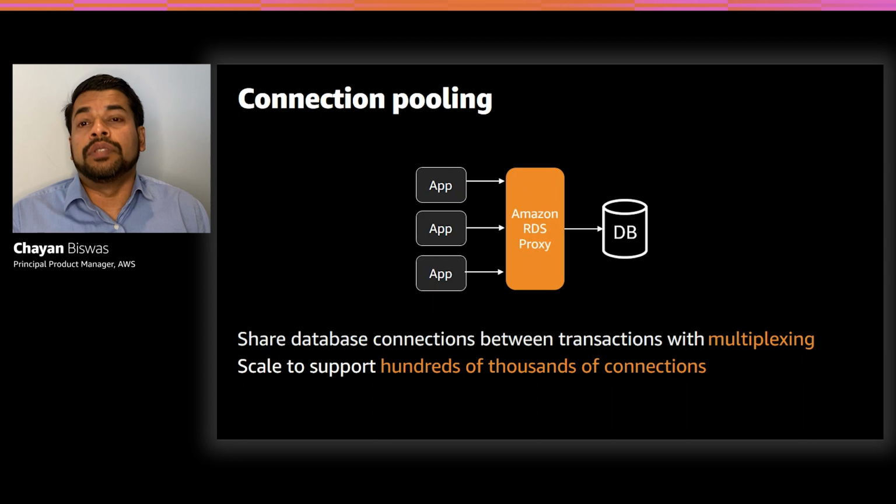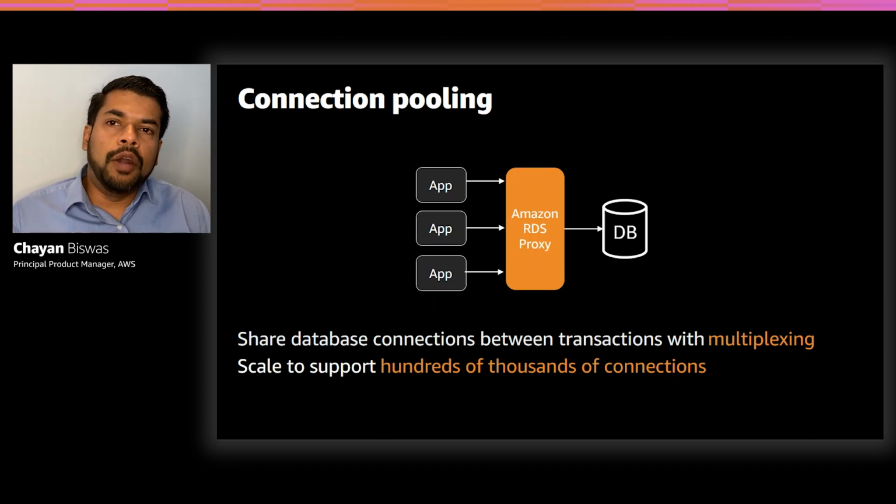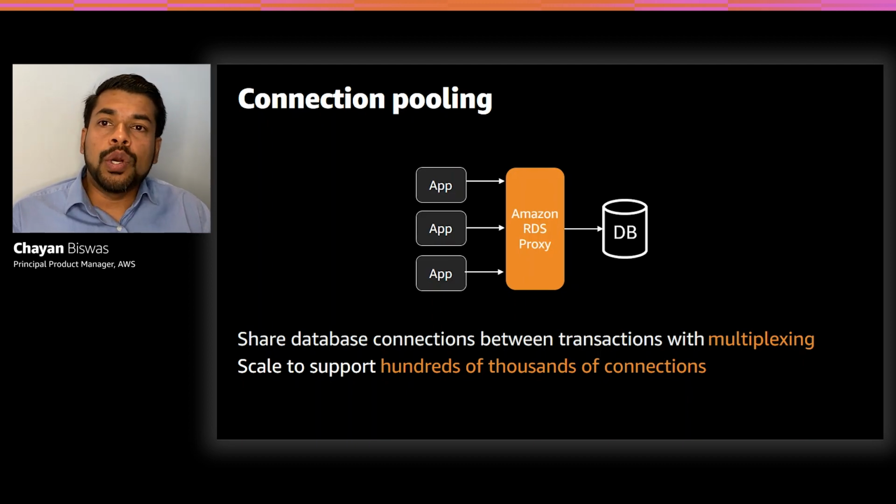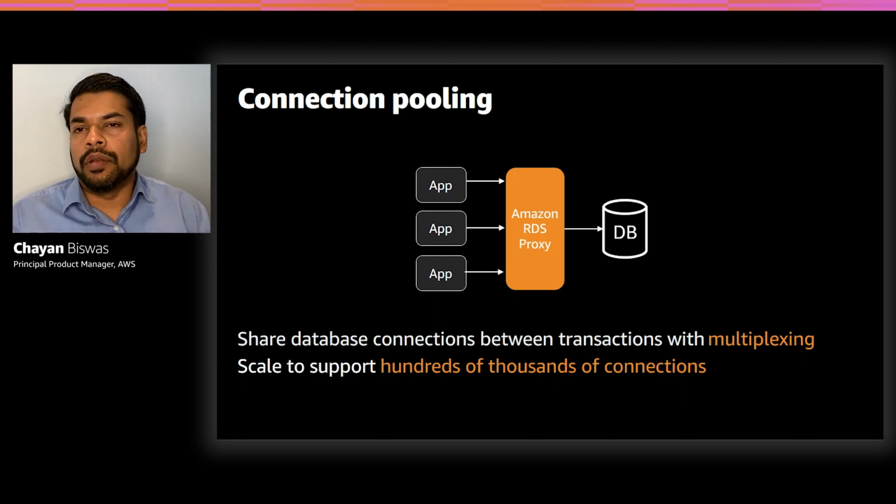It helps you use your database resources better because now a smaller set of database connections are being shared across multiple application connections, and it's able to service all those application connections. Versus if all those applications were to connect directly with the database, first, it will lose resources in managing all those connections. Second, there's a possibility that it runs out of connections. And then there's a brownout, and then you experience downtime in your application, which is, of course, not the way you would want things to operate.